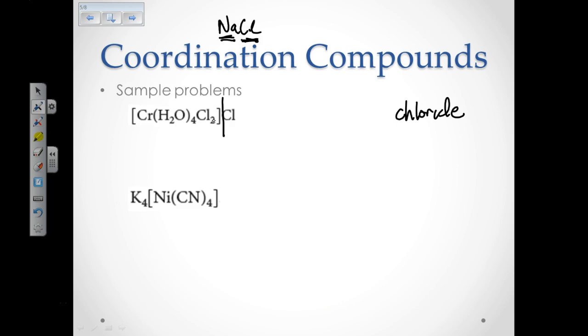Okay, so now when we have coordination compounds, we want to name them alphabetically. And so here's what we're going to do. We're going to name this tetra. Tetra means 4. Tetra aquo. Okay, if you wrote aqua there, because that's what it says on the sheet, that's fine.